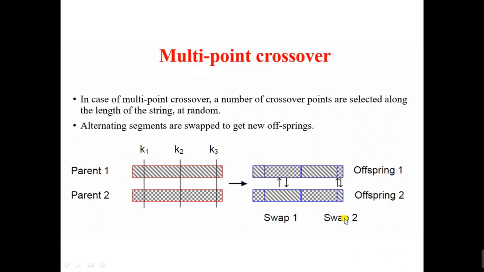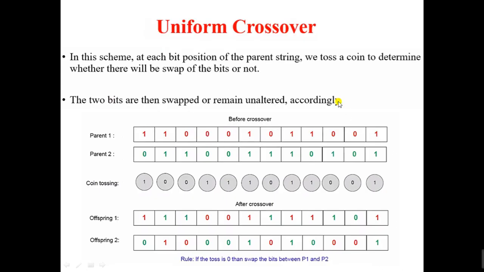Here K1, K2, K3 are there. For the first offspring, the first segment is from parent 1, the second from parent 2, the third from parent 1, and the fourth from parent 2. Similarly, offspring 2 contains the first segment from parent 2, the second from parent 1, the third from parent 2, and the final one from parent 1. This is multi-point crossover.